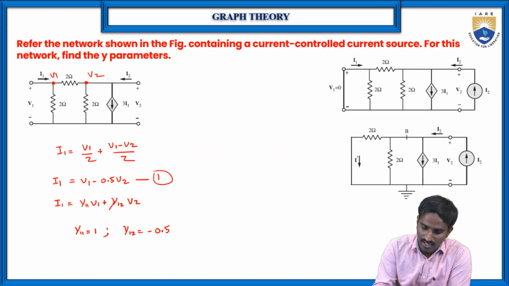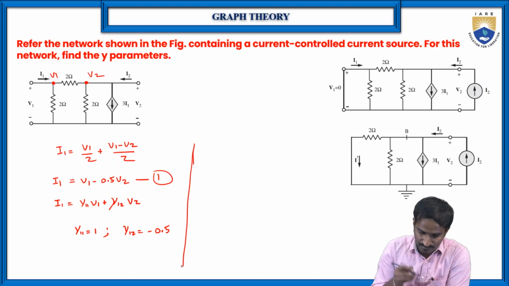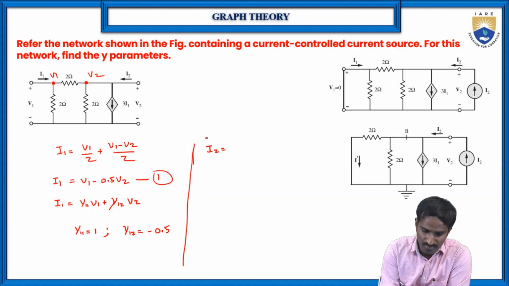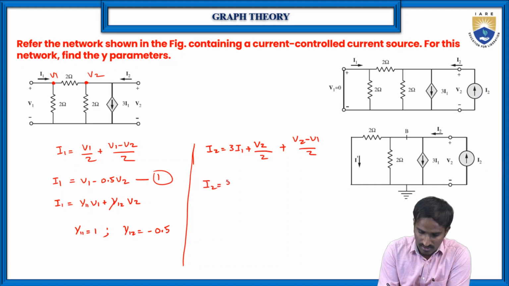Very simple. And in the second case, I2 is equal to the other leaving current, which is 3I1, plus again V2 by 2, plus again V2 minus V1 by 2. If you simplify this, then I2 is equal to 5 by 2 into V1 minus 0.5 into V2.